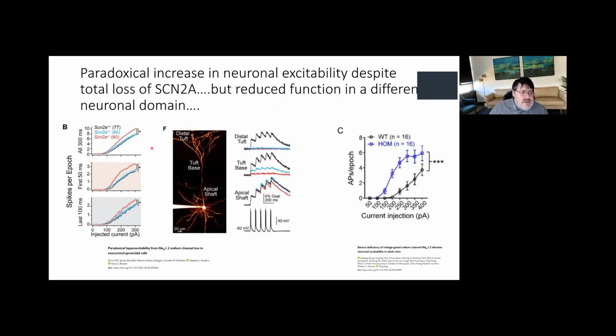Here on the left, the axons function with gain of function, but the dendrites, the receiving part, function with loss of function. Now, the question that arises is, is this gain of function shown in panel B and panel C epilepsy? Is panel F autism?